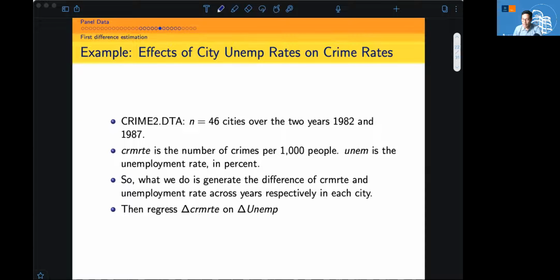In this particular case, we're going to identify the effect of the unemployment rate on the crime rate.